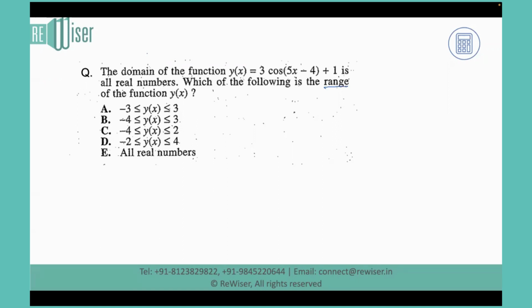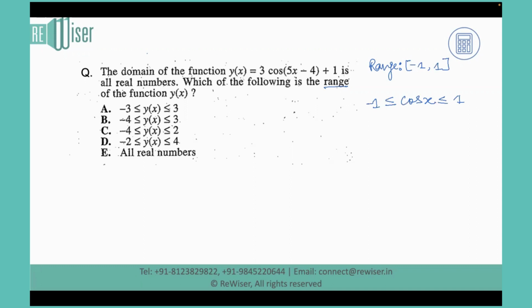Before we start with this question, we need to understand what is the range of cos x. The range of the function cos x is greater than or equal to minus 1 and less than or equal to 1. So any cos function lies from the value of minus 1 to 1.